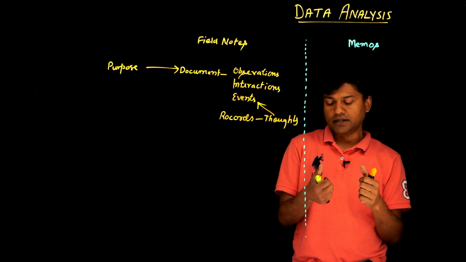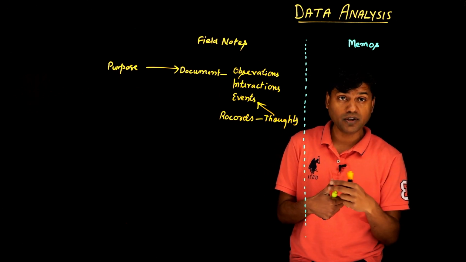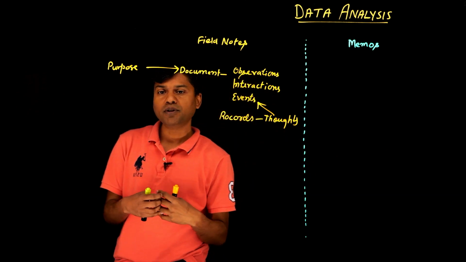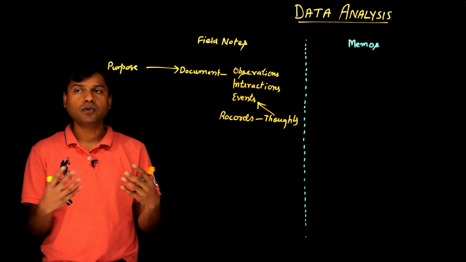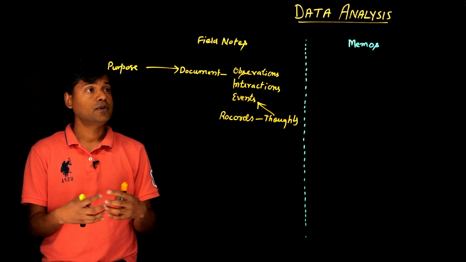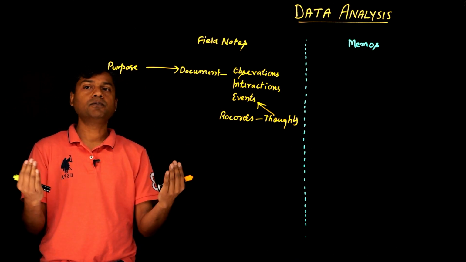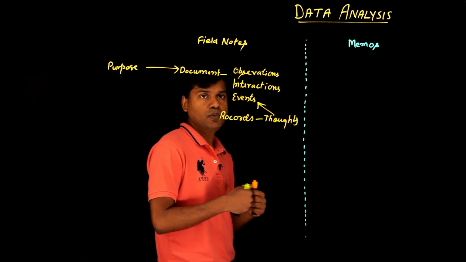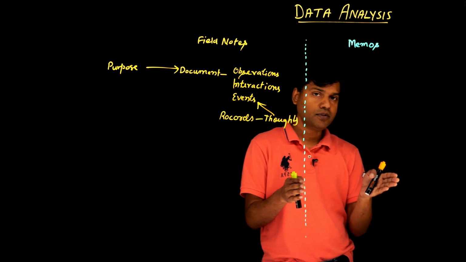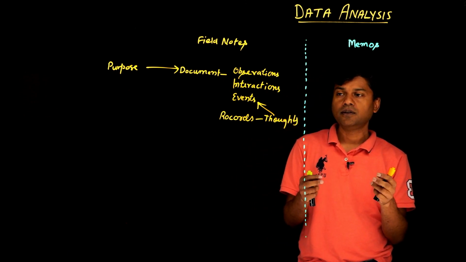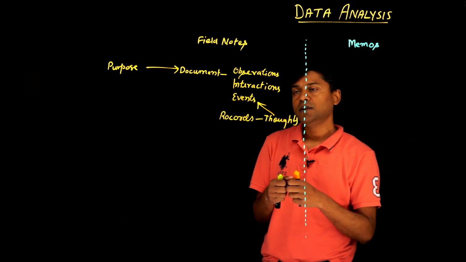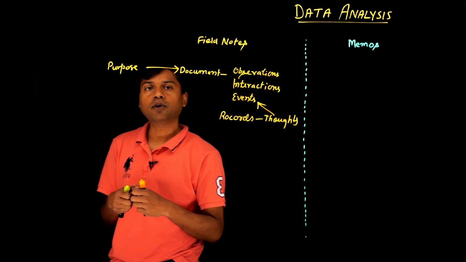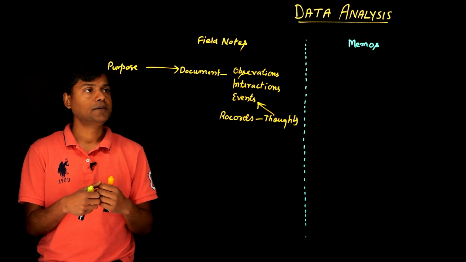For instance, if I'm doing focus group interviews, just before the interview I can write notes in my field note about what I observe in terms of the setting. Just after the interview, when I have a fresh memory, I can write about how the interview went and other observations I had.